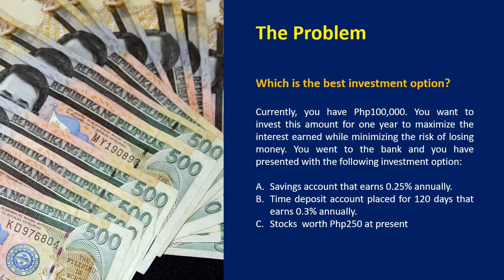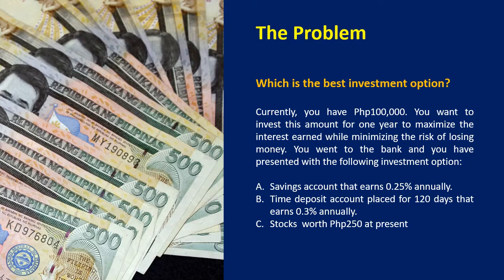Okay, so this is our problem. Suppose you have 100,000 pesos and you want to invest this amount for 1 year to maximize the interest earned while minimizing the risk of losing money. You went to the bank and you were presented with the following investment options.